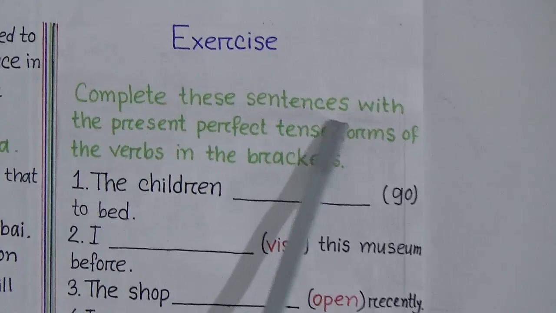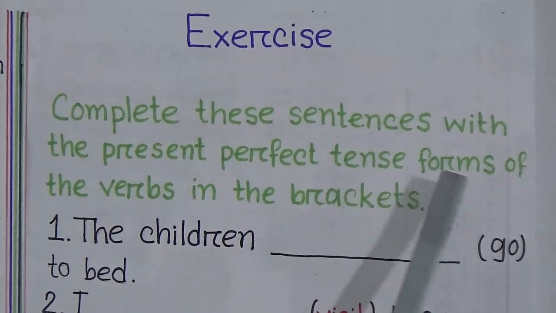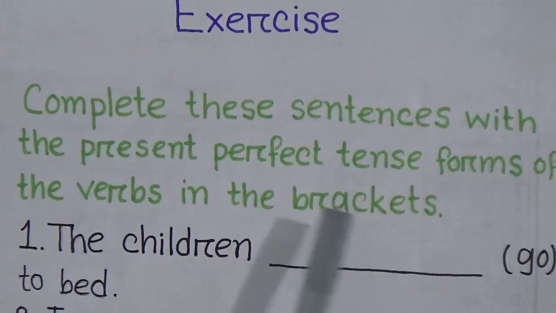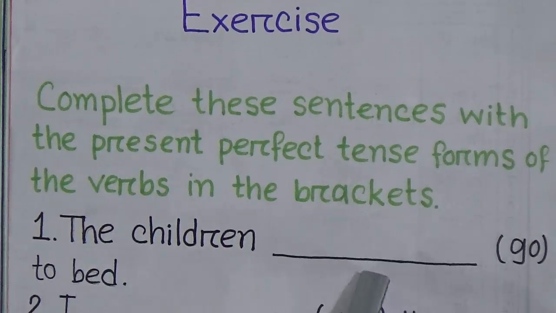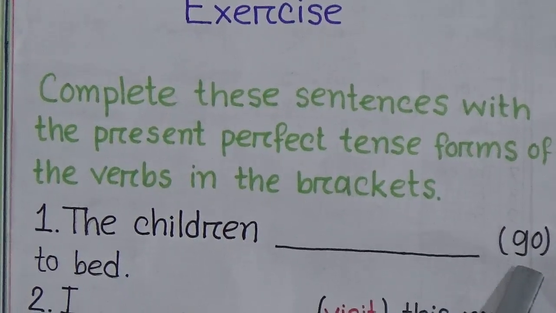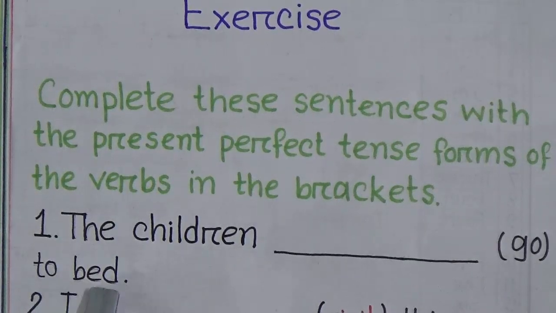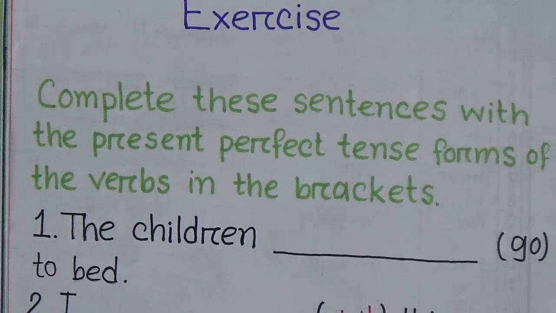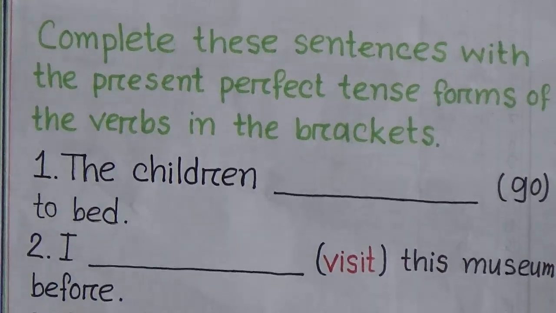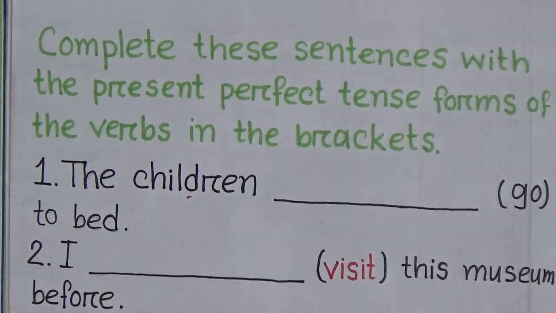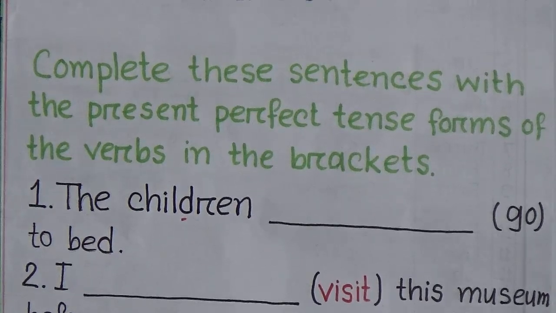Complete these sentences with the present perfect tense forms of the verbs in the brackets. Number 1, the children, dash, in brackets, the verb is go to bed. So, look at the example. The subject is children. Is it singular or plural?